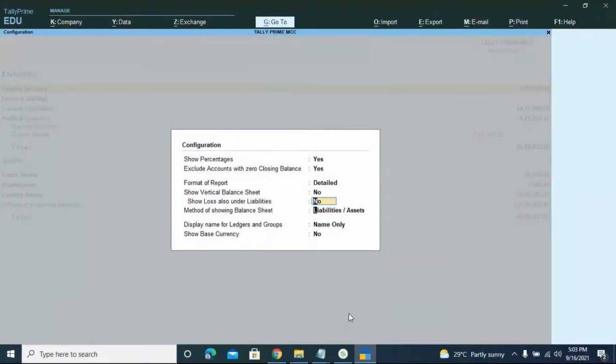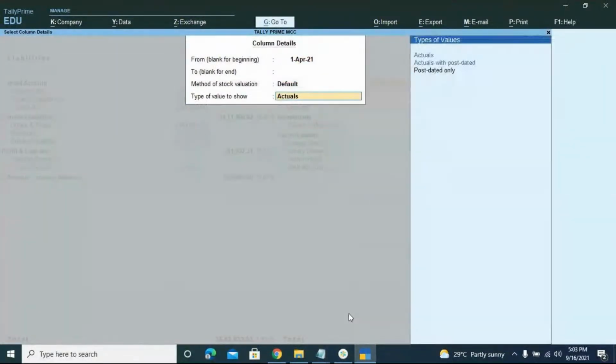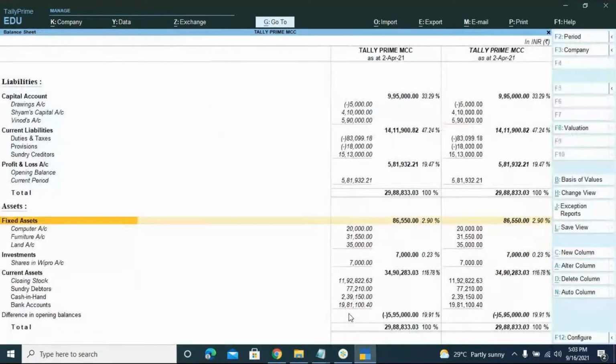Now how do you want to see, assets or liabilities, or liabilities or assets? We normally have liabilities and assets only. Then name, show base currency, yes. Can you see? It gives you complete detail. So like this, we can also alter any column. To add any column, we can also press Alt C if we want to, and we can also go for the valuation methods. It's not that relevant, but we can do so.